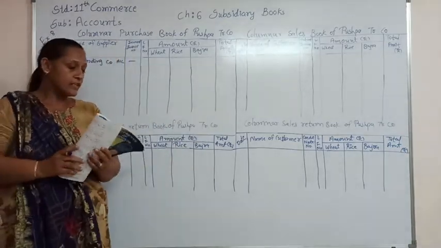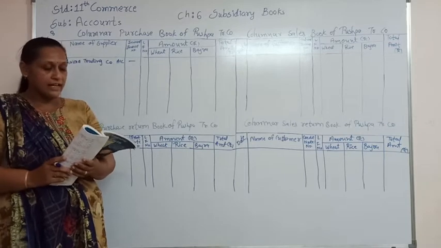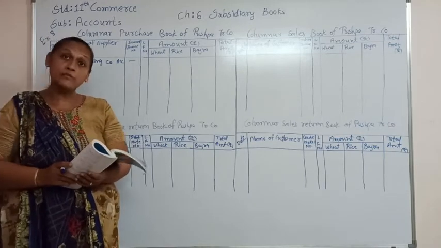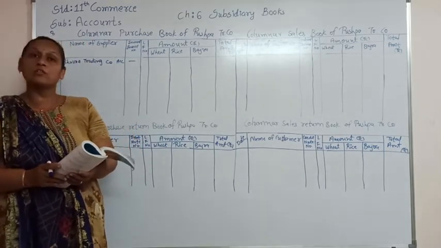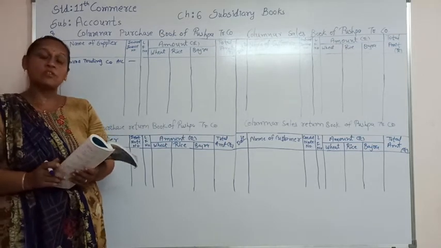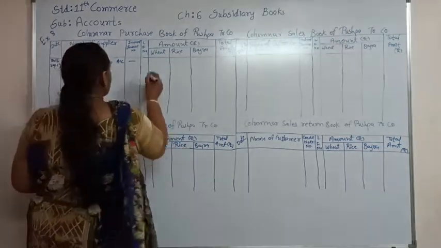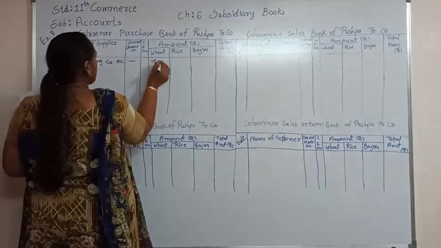And wheat is 1000 kg at rupees 20, so that will be 20,000, and 10% trade discount, so it will be 18,000. So wheat of rupees 18,000.